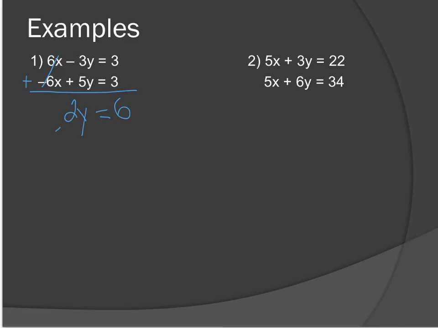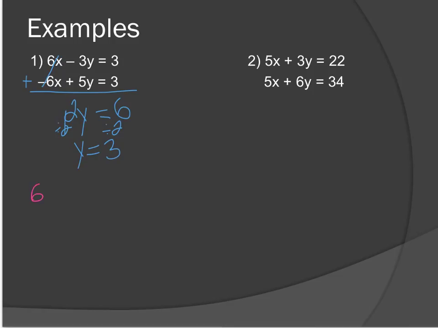Then if I divide by 2, I get y equals 3. So there's one of my solutions. So then I have to go back to one of my original equations, plug y in, and solve for x. It does not matter which equation you substitute your value in for. I'm going to choose the first one.